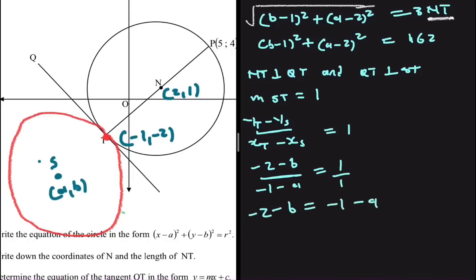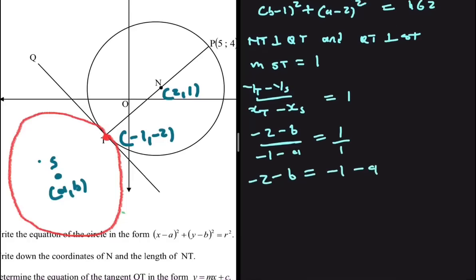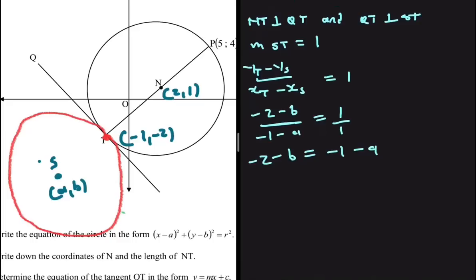Let's make b the subject of the formula. If we do that, we're going to get minus b being equals to minus 1 plus 2, that is 1, and then minus a. We divide both sides by minus 1, we get b is equals to a minus 1.